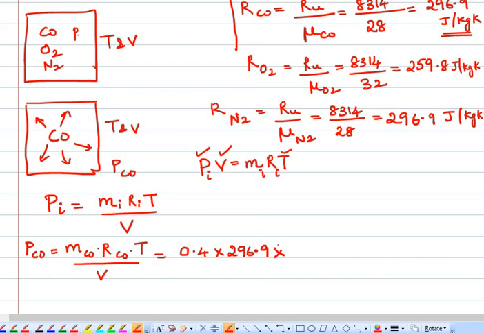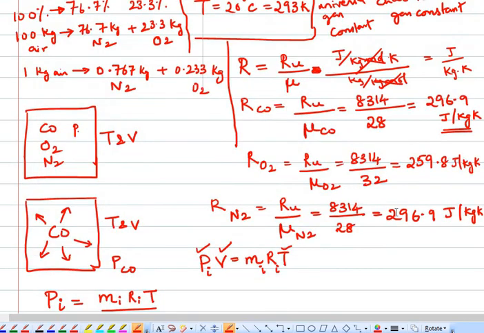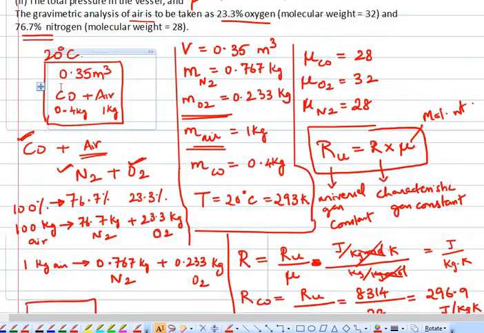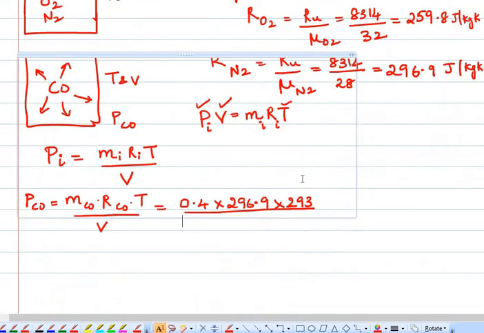The temperature is 20 degrees Celsius, I can write it as 293 Kelvin. And volume is 0.35 meter cube.